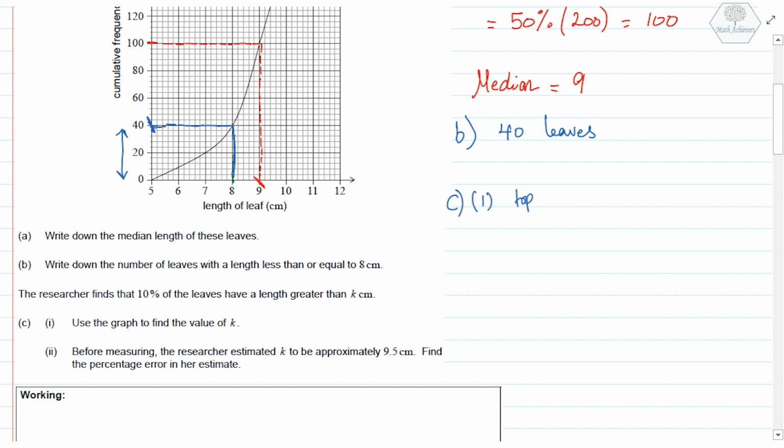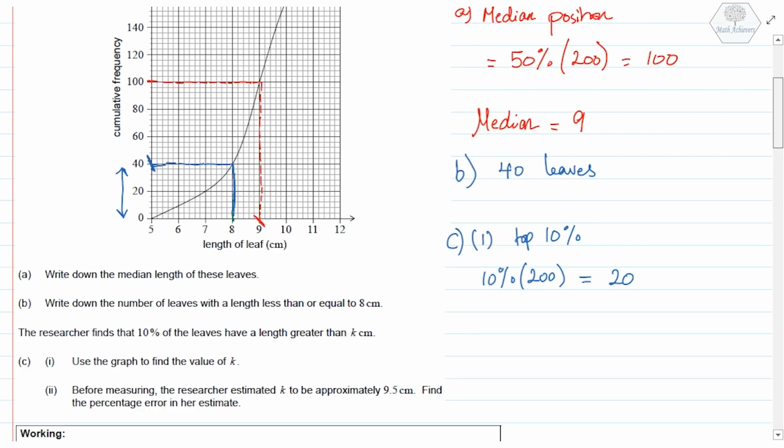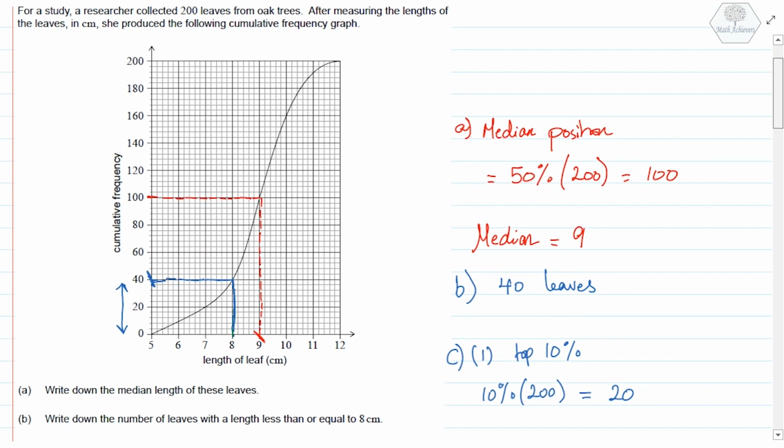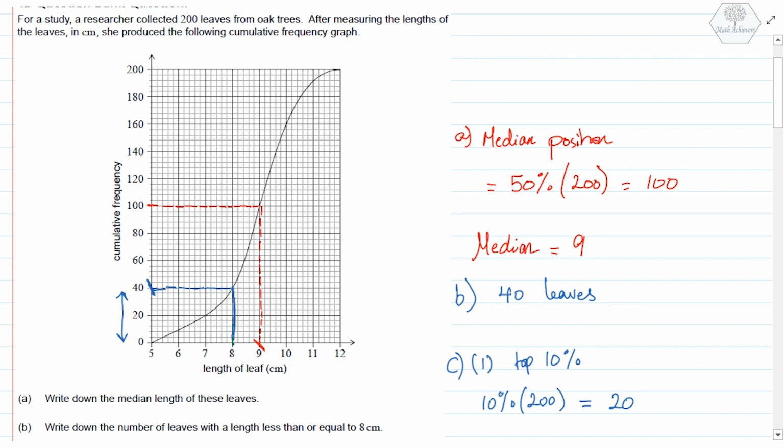I need the top 10% because greater than K, there is 10%. So the 10% of the total, which is 200, will give me 10% times 200, 20. So in my curve, I will look at the upper 20 values here.